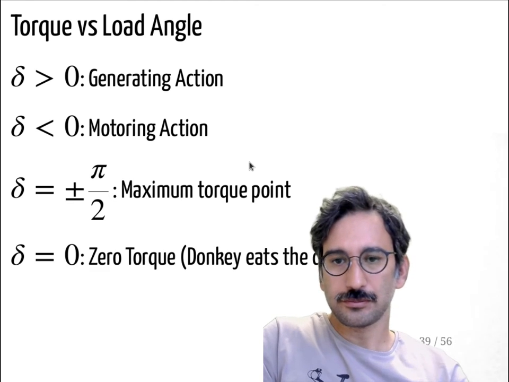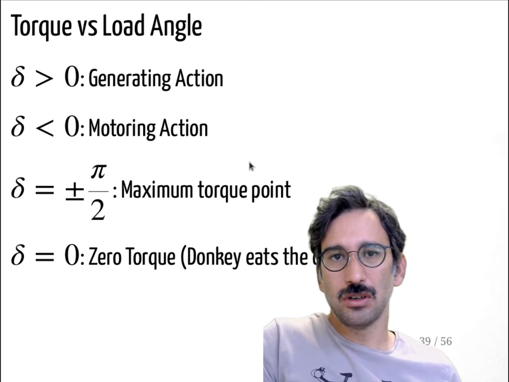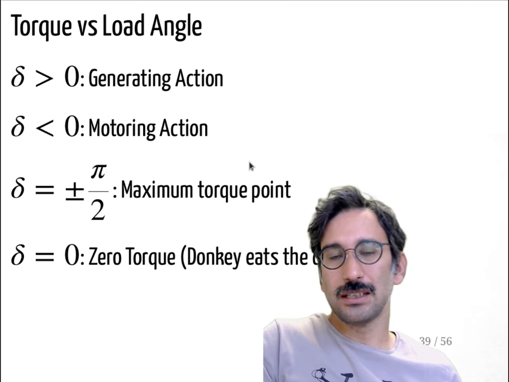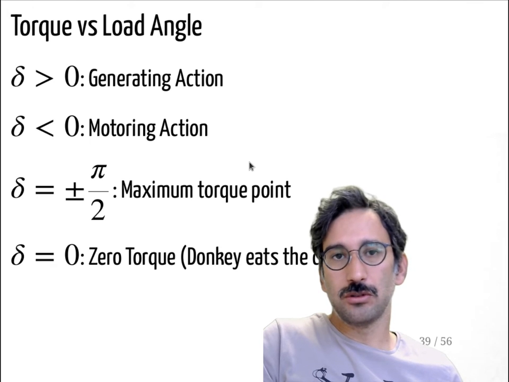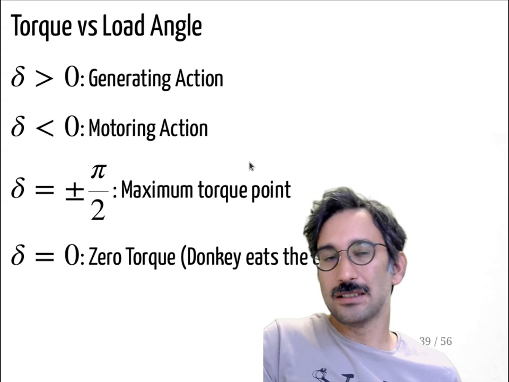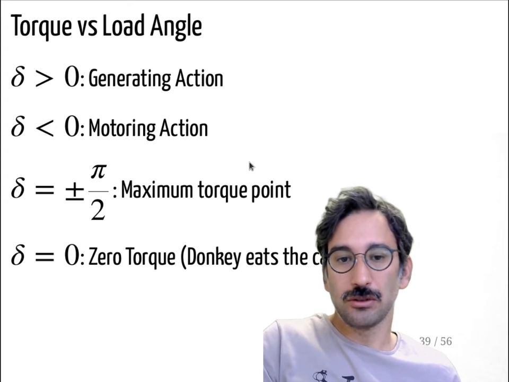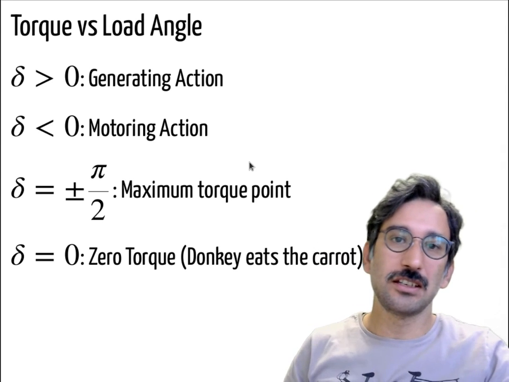And another important part is if there is no phase difference between these two fluxes, so when load angle is 0, you don't generate any power or any torque. So that is the case where you already have the minimum reluctance, or whatever, the minimum energy point, or the point where the donkey eats the carrot.